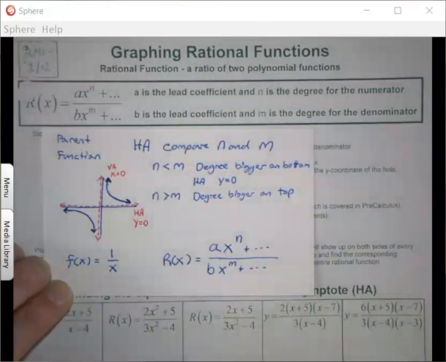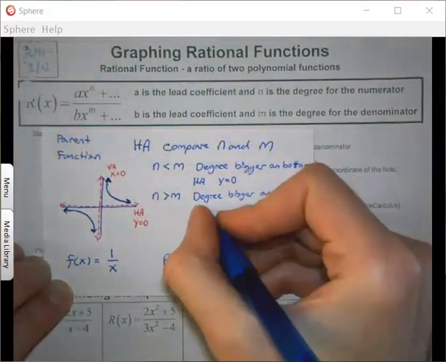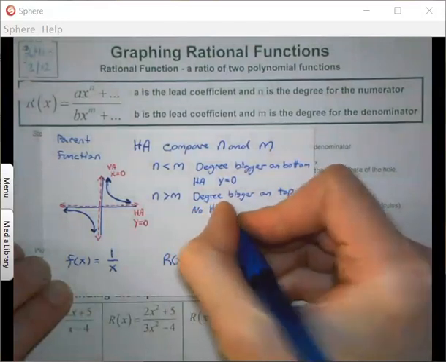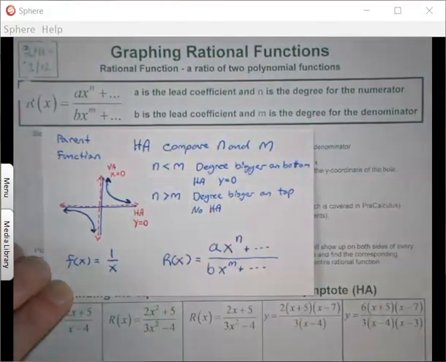So I think for the most part, you shouldn't run into problems where the degree is bigger on top. If it does happen, for our purposes, we're just going to say there's no horizontal asymptote, because we're not going to deal with slant asymptotes until later.